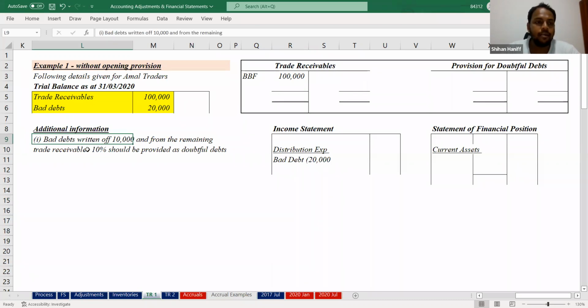And from the remaining trade receivables, 10% should be provided as doubtful debts. So first, the 10,000 we have to write off as bad debt. So what is the double entry? Writing off a bad debt.